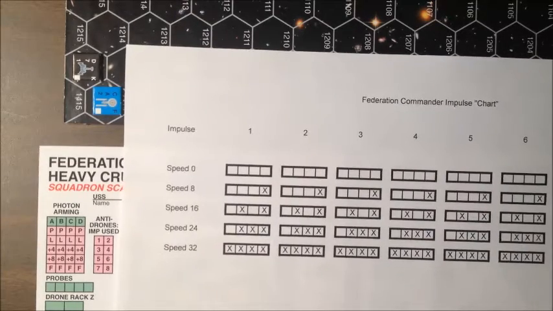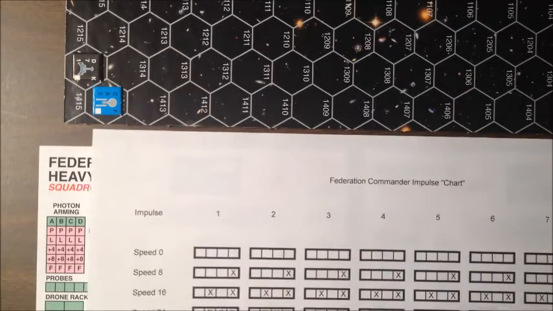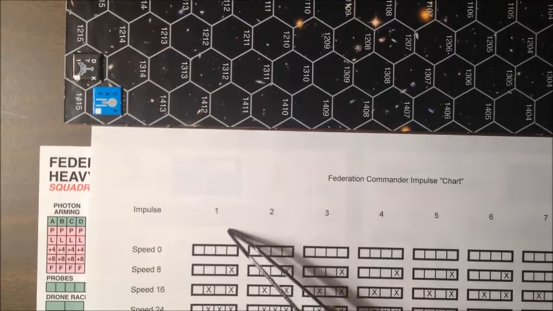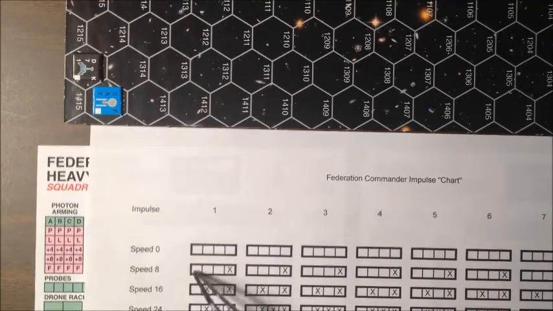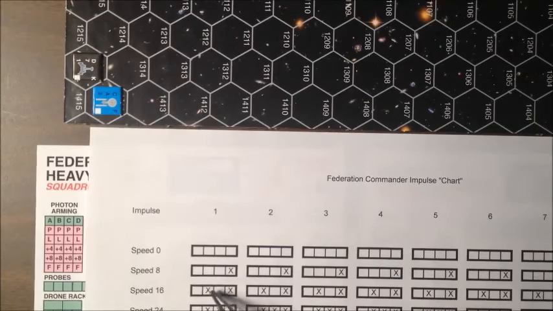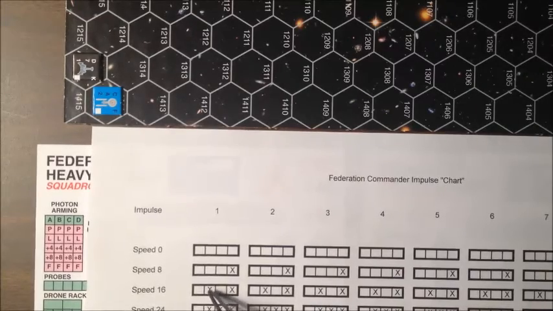So for the purposes of this example, we're just going to move ships in a straight line. They're not going to turn, they're not going to fight. This is just a pilot's cadet training mission. So on impulse 1, during step 1, no ship has an option to move, so nothing happens. On step 2, ships going speed 16 have an option to move.